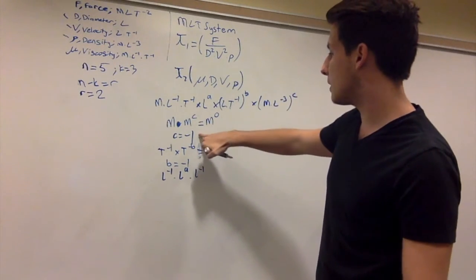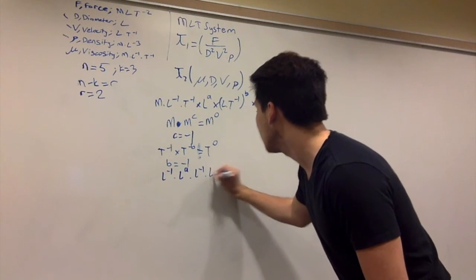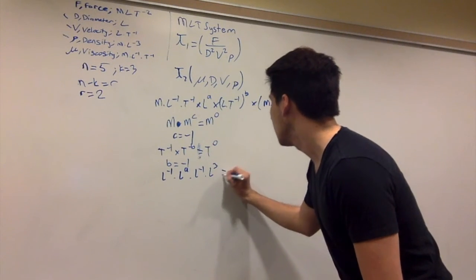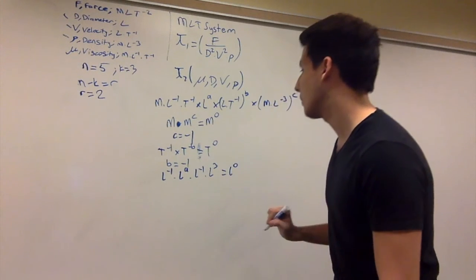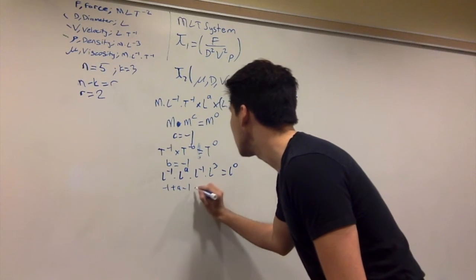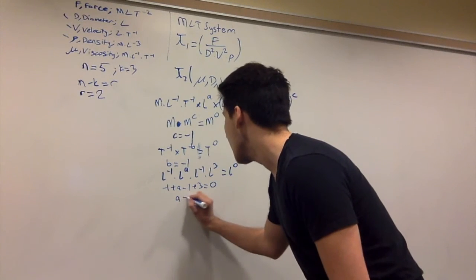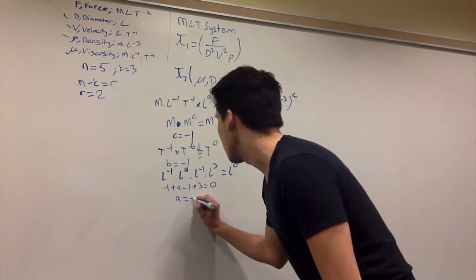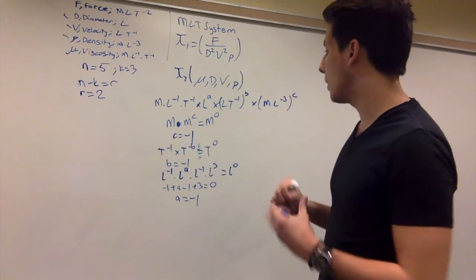And here I found c as -1, so I can multiply them, and that gives me L to the power of 3. This has to be equal to L to the power of 0. So -1 plus a minus 1 plus 3 equals 0. So a has to be -1. This time we found all coefficients are -1.